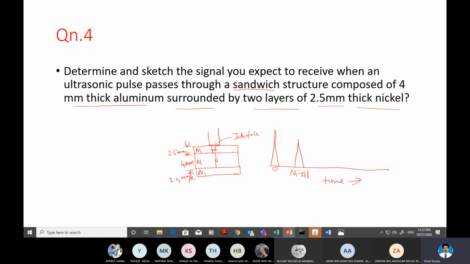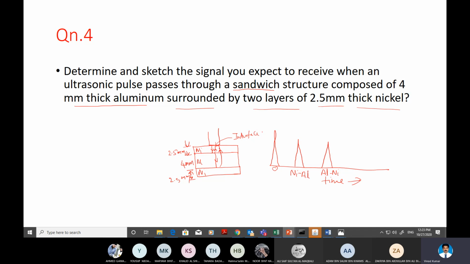The remaining percentage of ultrasonic waves will proceed and hit the aluminium nickel interface, and after hitting it, comes back to the transducer. So you will get another signal here. That signal is from the aluminium nickel interface.